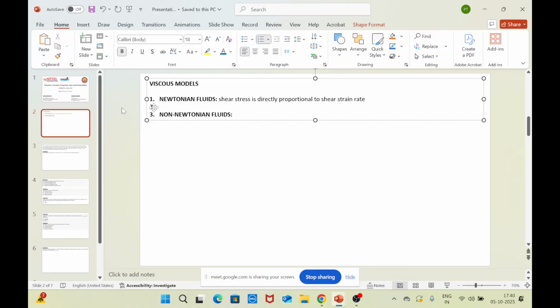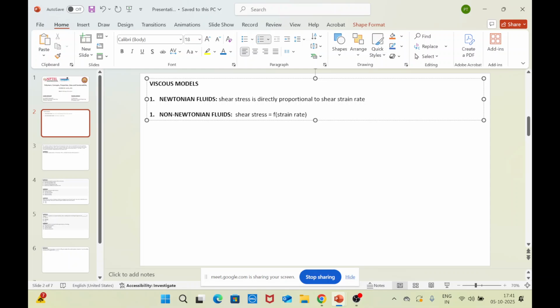Whereas in case of non-Newtonian fluids, this is not the case. Again, they are going to have a relationship: the shear stress is again a function of strain rate, but that function will not be a linear one. That is the typical difference between the Newtonian and non-Newtonian fluids.